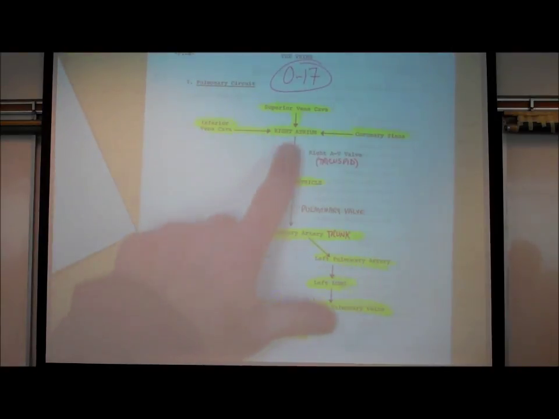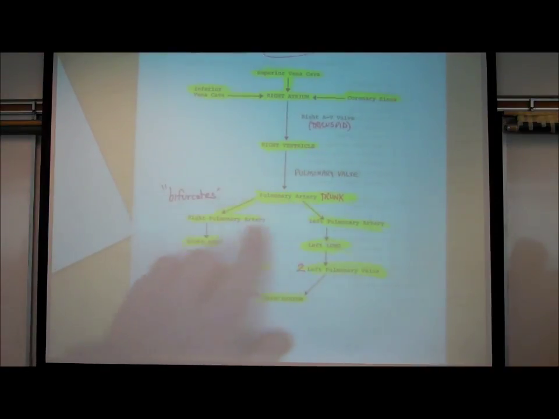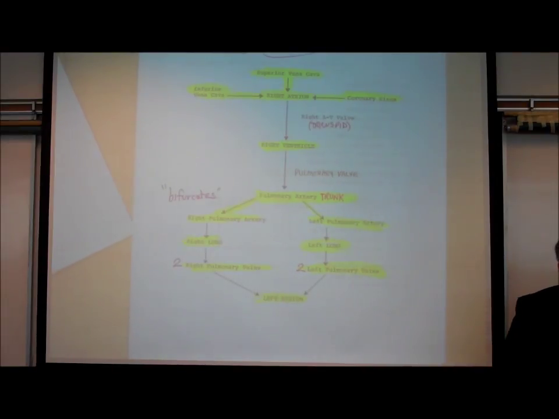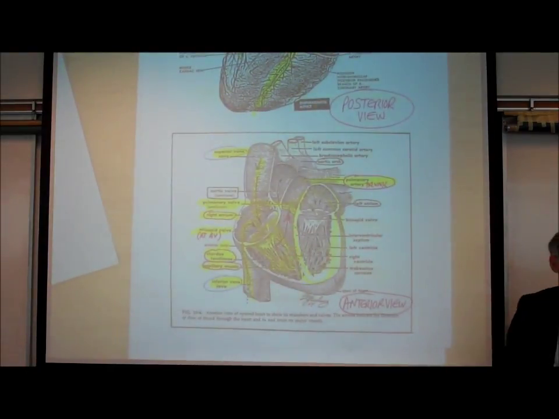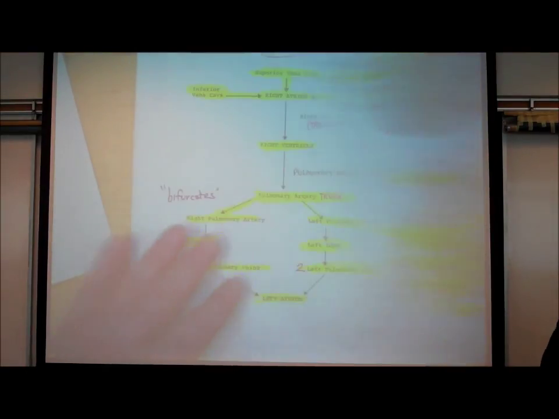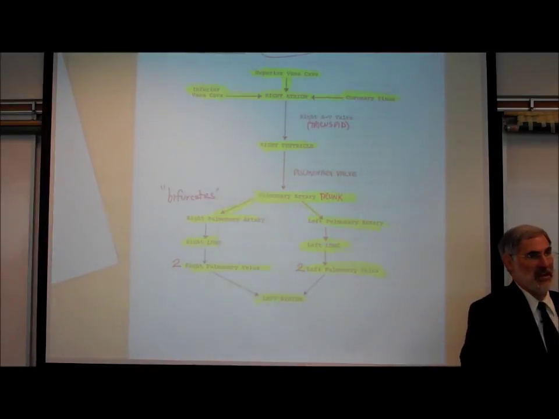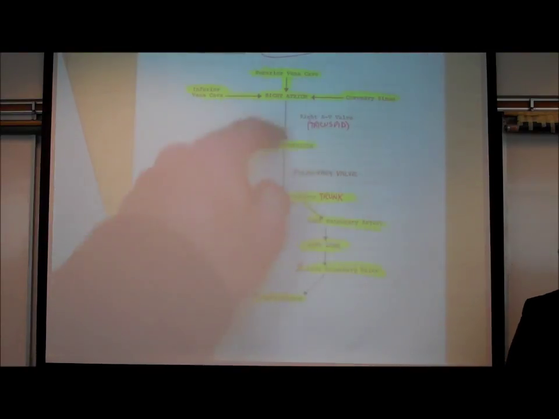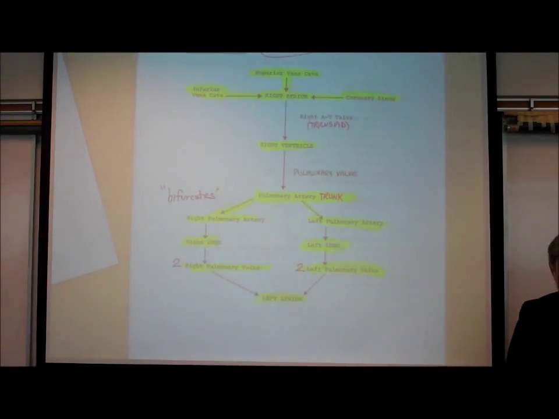It goes from the right atrium, past the right AV valve, into the right ventricle, past the pulmonary valve, into the pulmonary artery trunk, dividing into a right and left pulmonary artery. Isn't that kind of just laying it out, mapping it out? Now this is the anatomy, this is what it looks like. This is just me describing how the blood's flowing, where we're naming the structures in order.